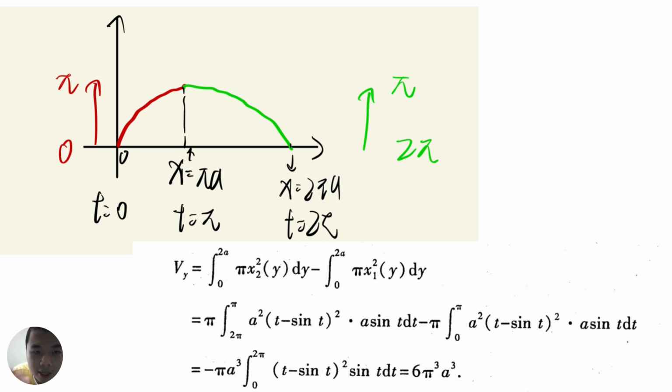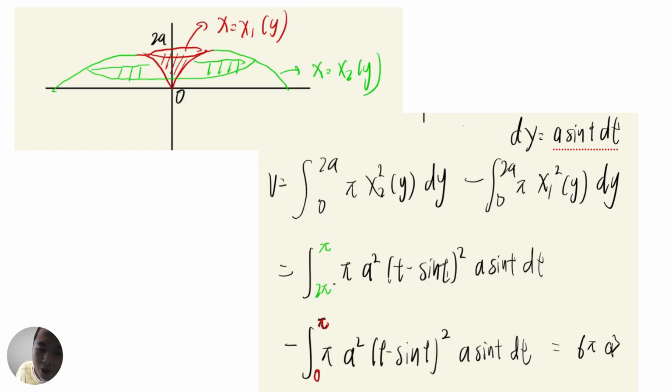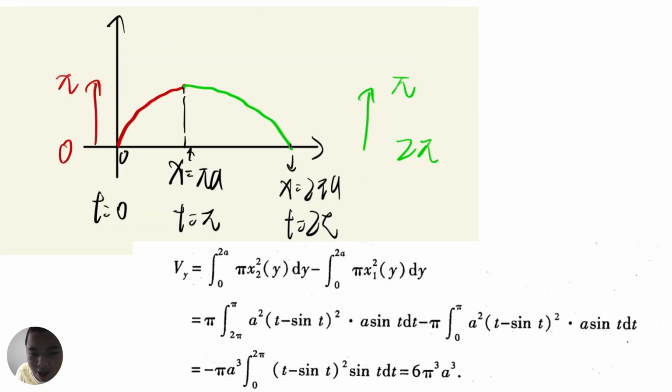The green curve moves from 2 pi to pi in the x-axis. In the y-axis, the two curves are the same, moving from 0 to 2a, but in the x-axis, the two are different. So the green one is from 2 pi to pi, and the red one is just from 0 to pi.